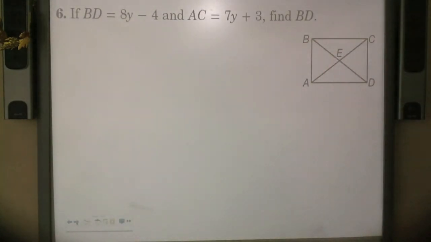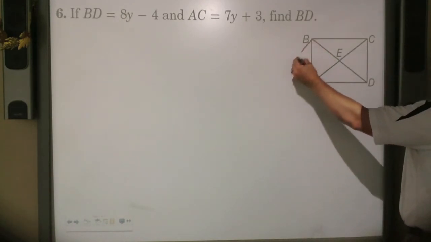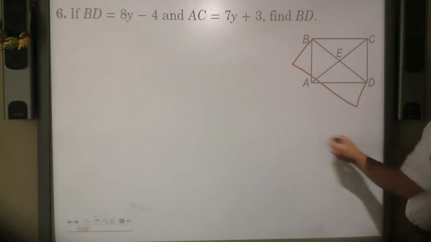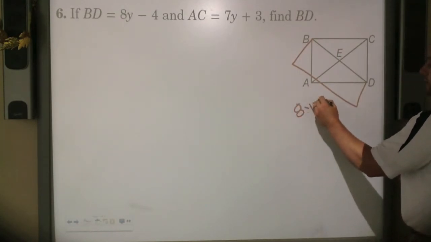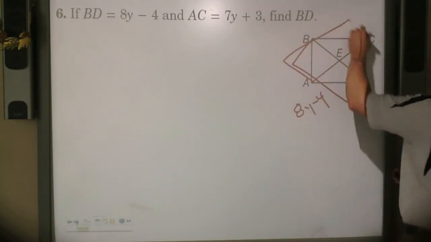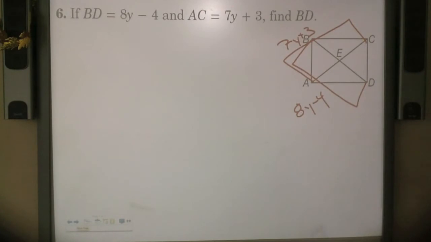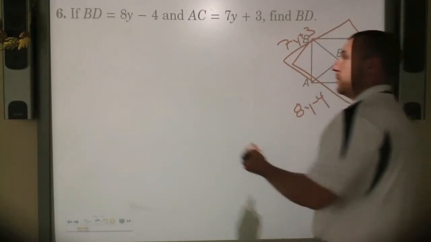For here, again, BD, this entire length, is 8y minus 4, and AC is 7y plus 3. So again, I know these are diagonals, so I'm setting them equal to each other.